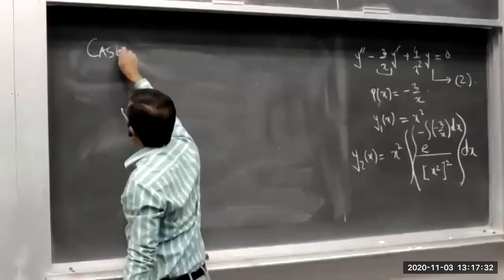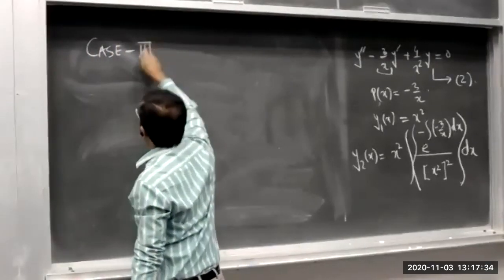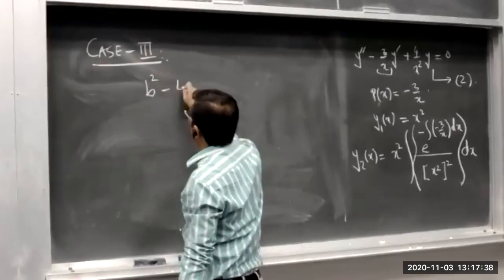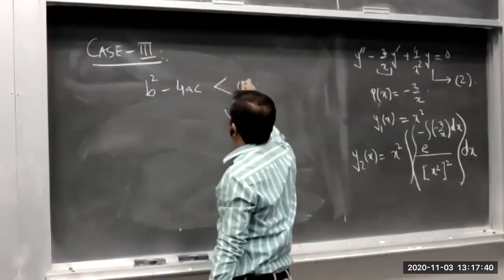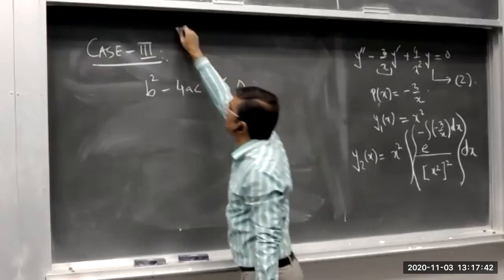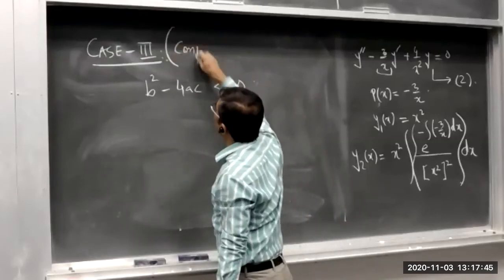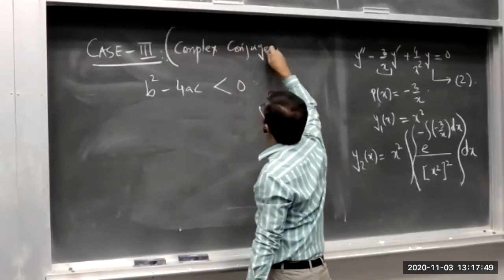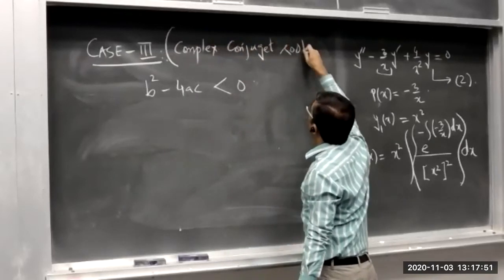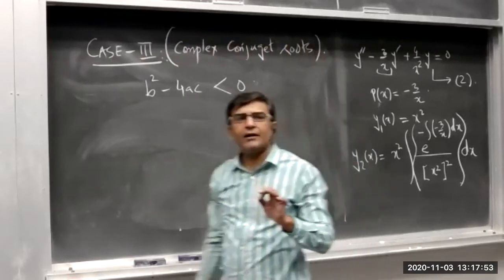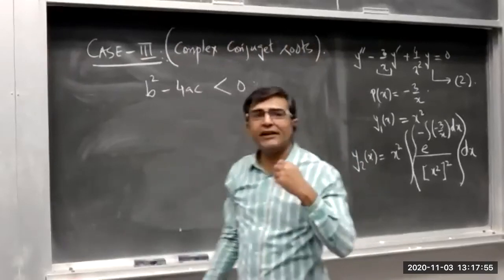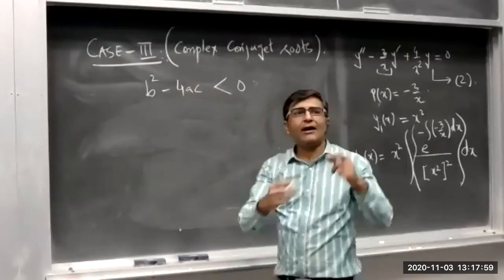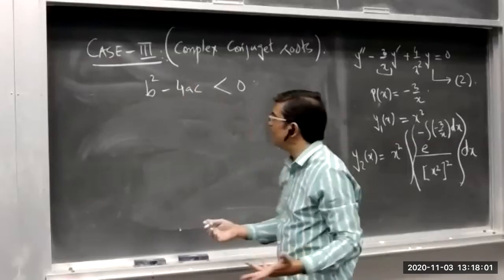And we call them complex conjugates of each other. Case 3, if b squared minus 4ac is less than 0, we have complex conjugate roots. If you have a second degree polynomial with two roots, then both will be complex conjugates of each other.